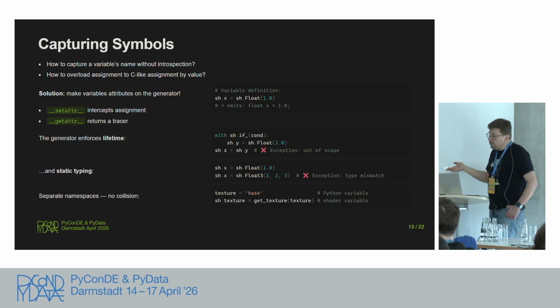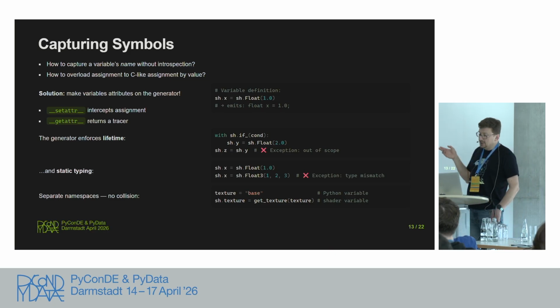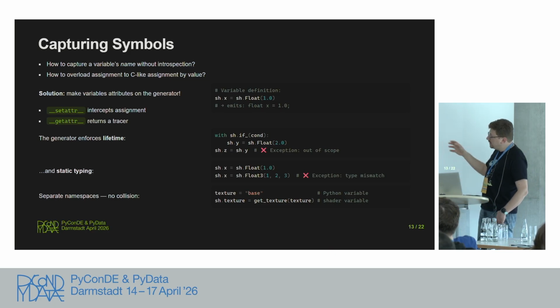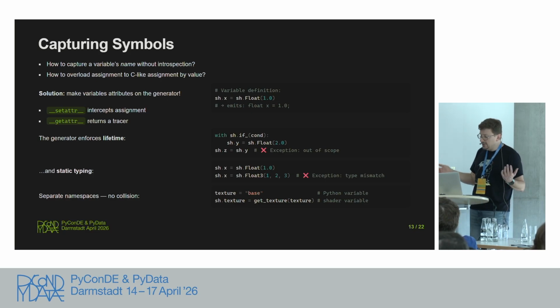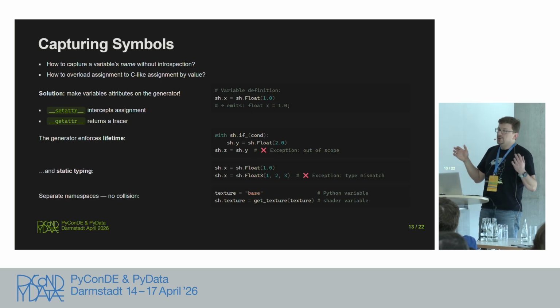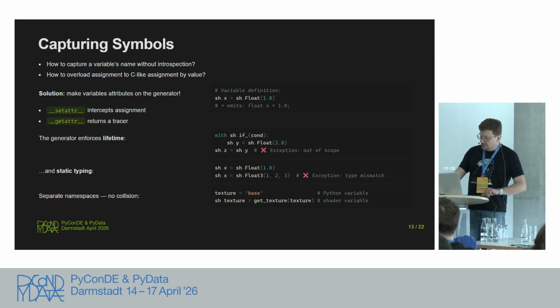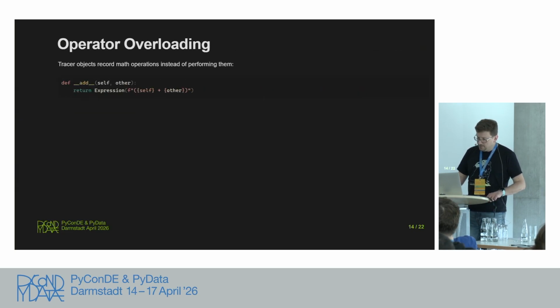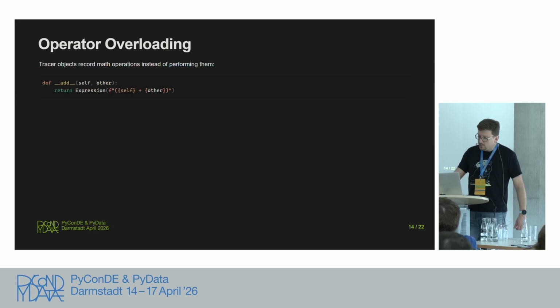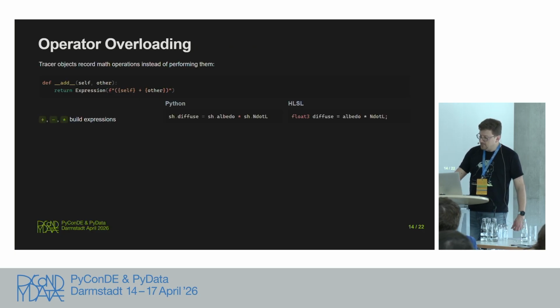And a very nice consequence of this is that regular Python variables and these meta variables live in different namespaces. So this really enables you to do anything you want in Python on top of your codegen.